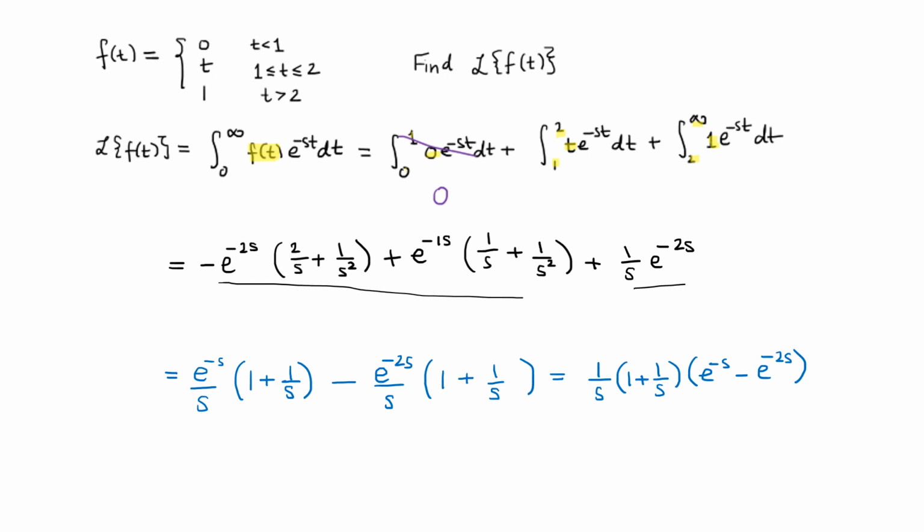So I factored out the common exponentials in both of these terms, and then noticed that we had a common factor of 1 plus 1 over s. So I gathered those together, and here we arrive at our final answer. Good job, folks.